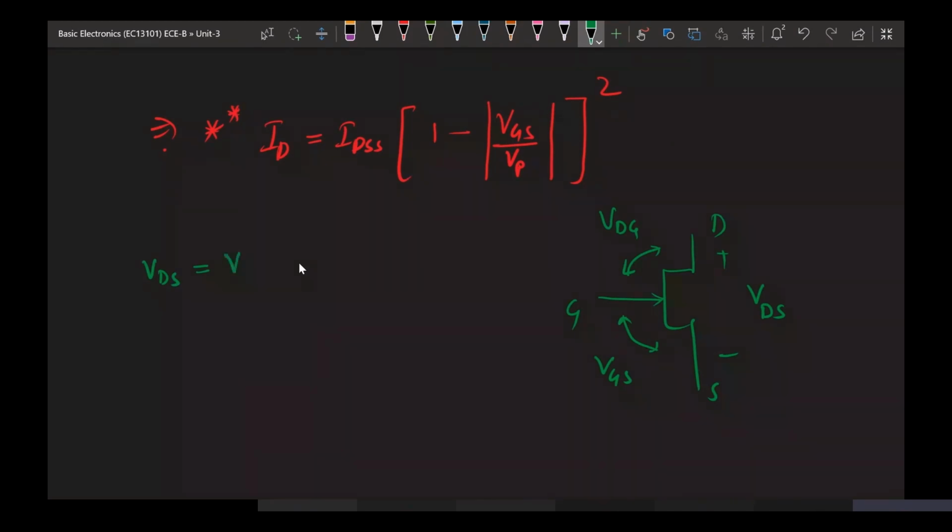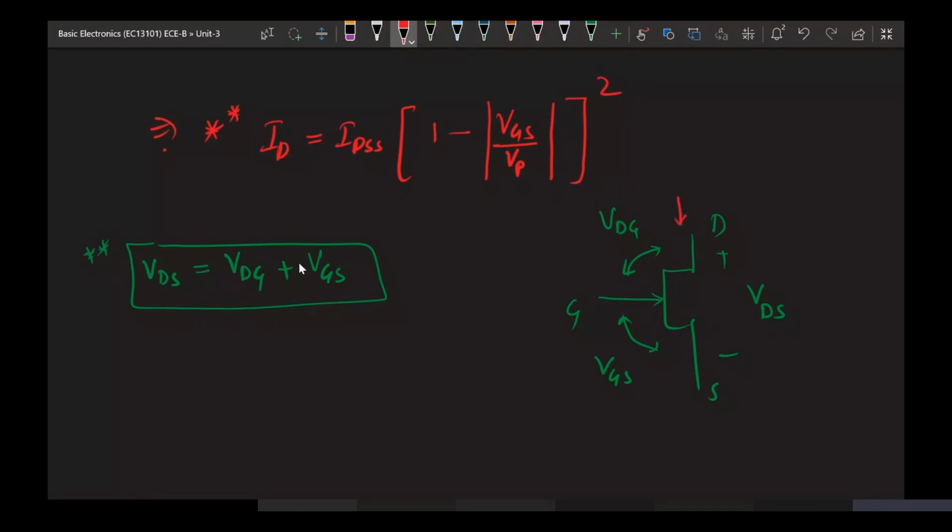VDS is equal to VDG plus VGS. This will also be helpful for different problem solving. In the case of an n-channel, the electrons will be moving from source to drain, so the current direction will be as shown.